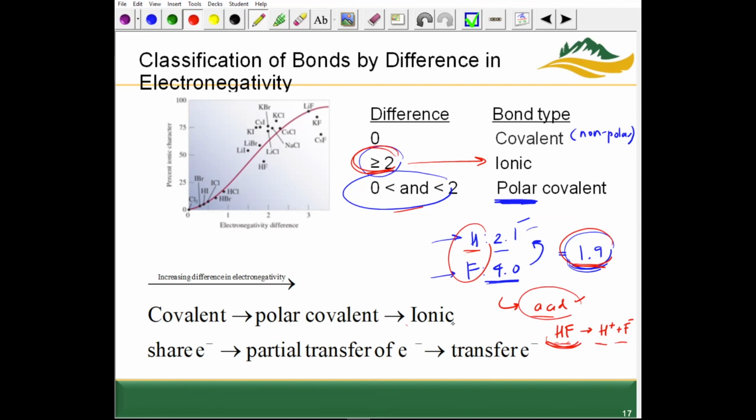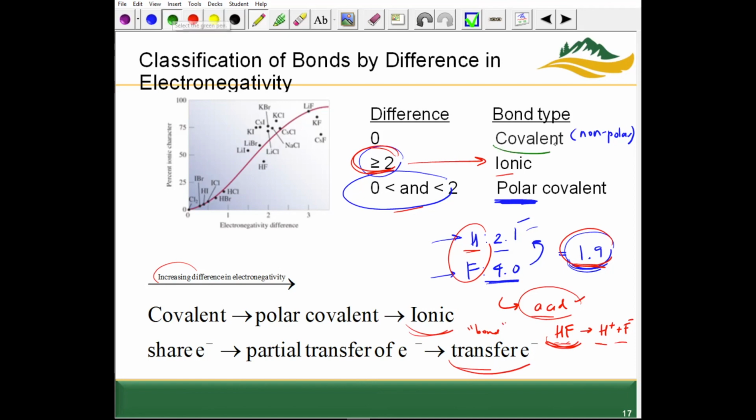So for ionic bonds, that's the greatest difference in electronegativity between 2 atoms. For ionic bonds, we don't have a sharing of electrons, we have a complete transfer of electrons. So it's not really a bond, it's a bond in quotes for ionic bond, because it's a transfer of electrons and not a true sharing of electrons.